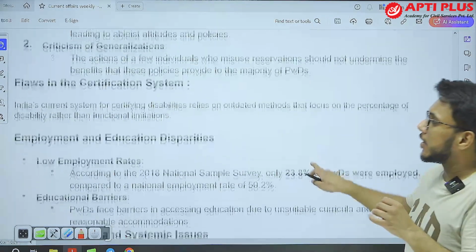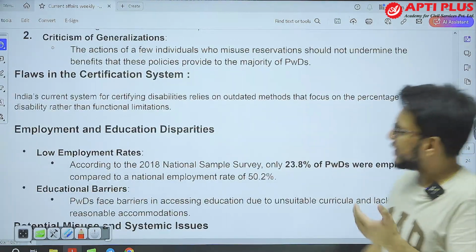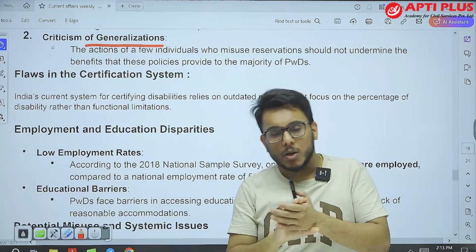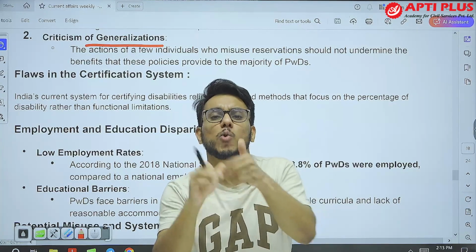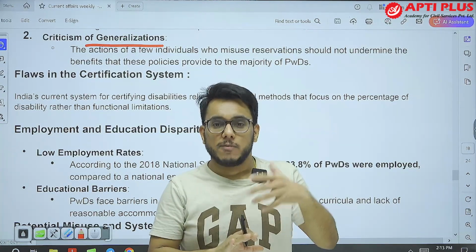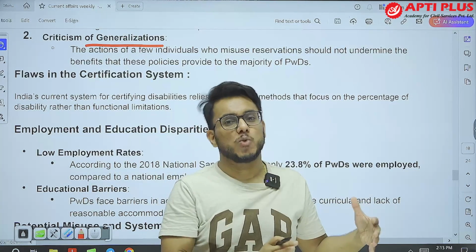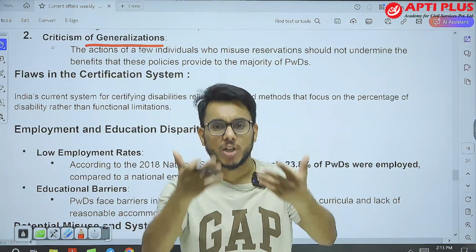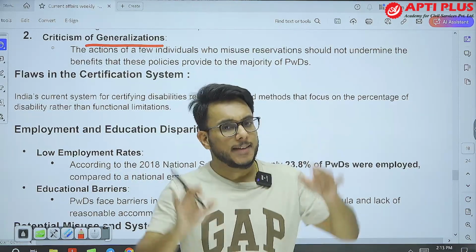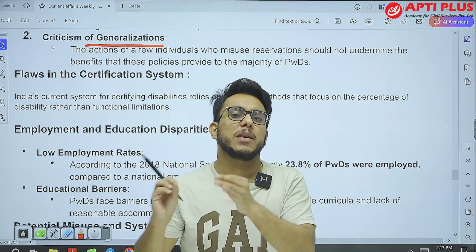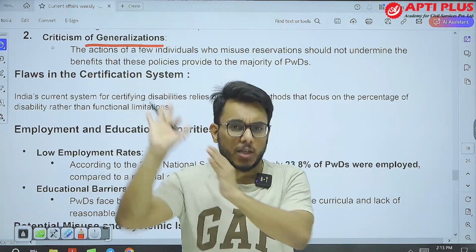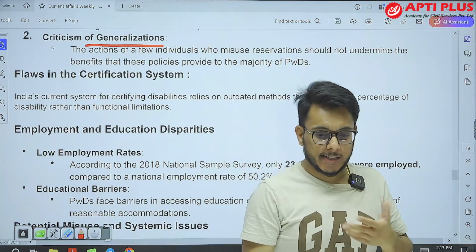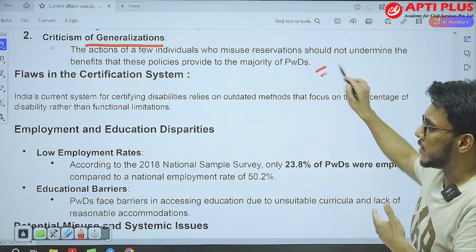Then, criticism of generalization. What is this? Often, when one or two people misuse a policy, we think that everyone misuses it, and just because of them we question the entire policy. Yes, reservation has been misused by one or a few persons, but that is not the reason to question the entire policy.